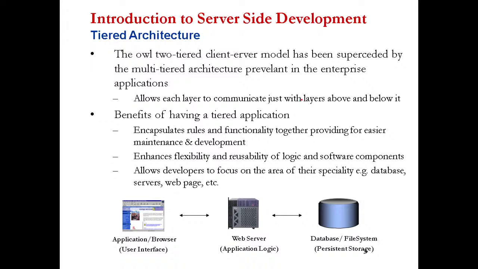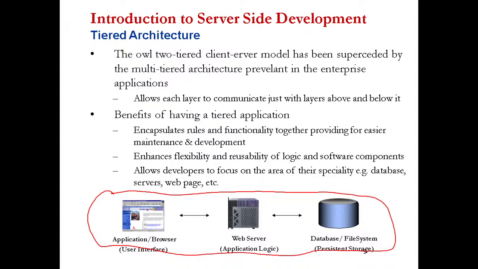It allows each layer to communicate just with the layers above and below it. If you can see the image in the last portion, this is the application, meaning the user interface. This is the client. This is the server.